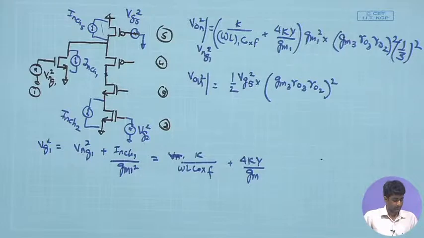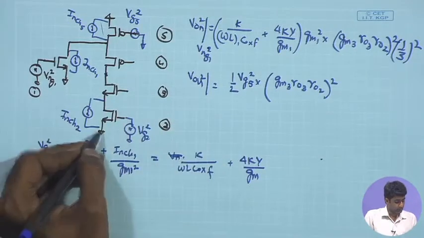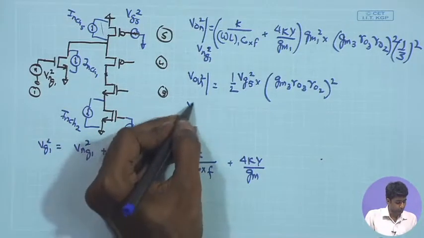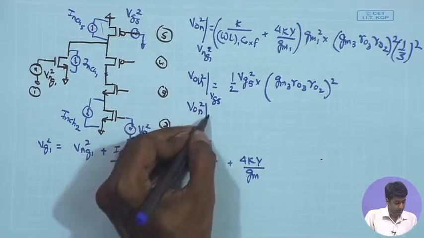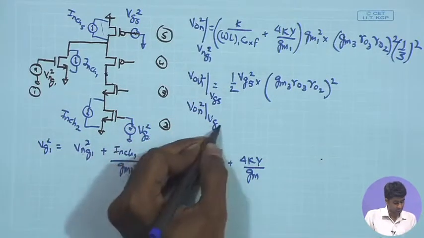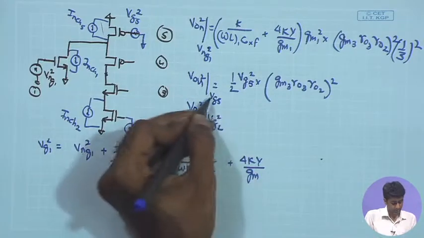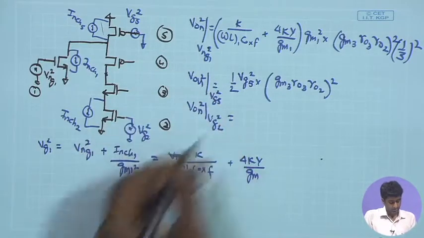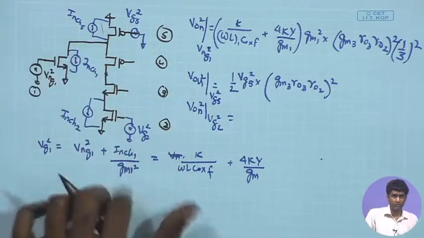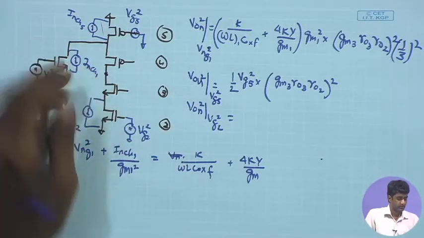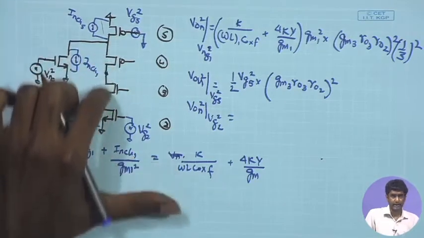And now, the last one is the VG2. So, VON square because of VG5, and likewise VON square because of VG2. Now, for VG2 the situation is very similar, only thing is we are going to get the impedance looking upward.